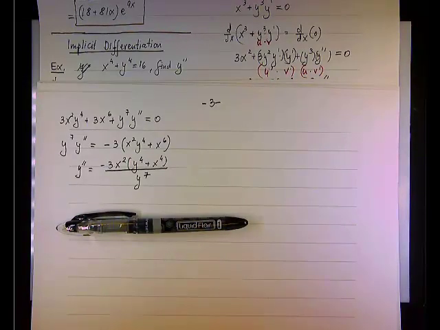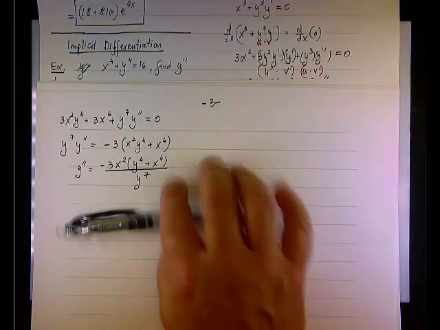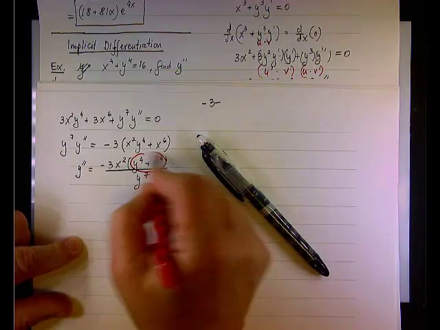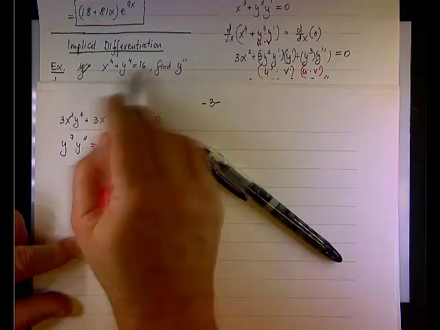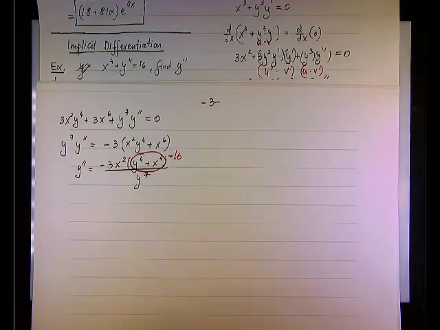Do you see a way to simplify? Precisely. Look at this quantity right here in parentheses. This quantity equals 16. This is where we started with. Okay, so you need to be mindful of simplification of this nature.